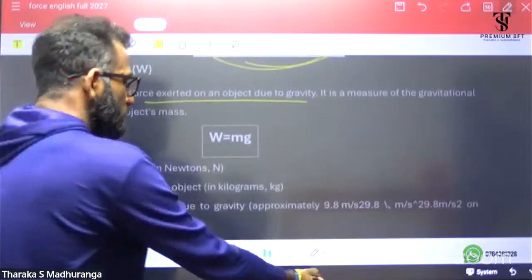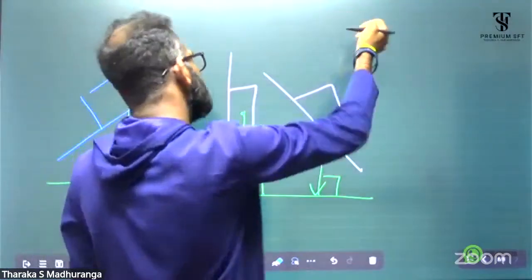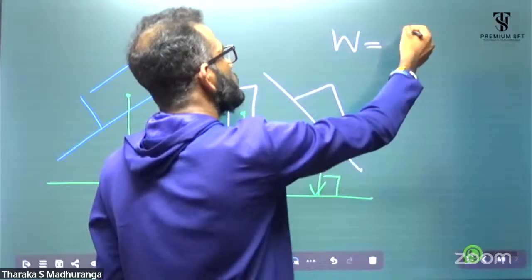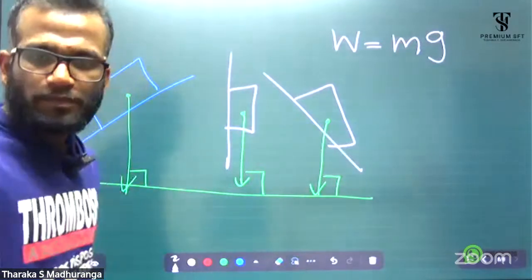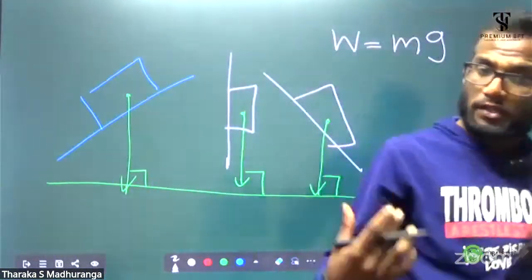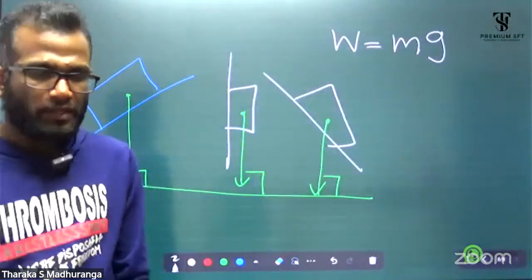Normally, the weight of any object is equal to mg. The mass of the object multiplied by the gravitational acceleration is the weight of the object.